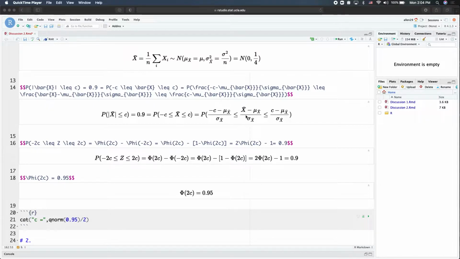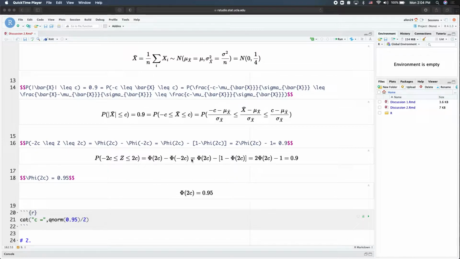We apply the same procedure to all the components inside the parentheses, and basically reduce a general normal to a standard normal distribution. So we have z falling between negative 2c and positive 2c.